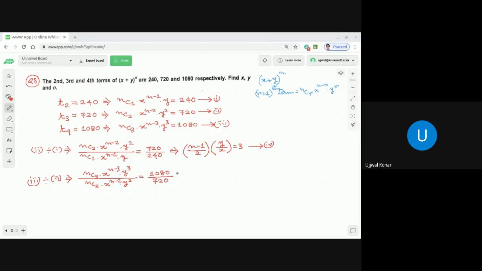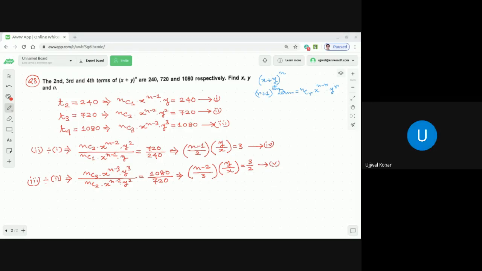Now if we simplify, this implies n minus 2 by 3 into y by x is equal to 1080 by 720, which simplifies to 3 by 2. Again, I'm not discussing how to simplify nC3 and nC2, that you can do. So that gives you equation 5. Correct, no?